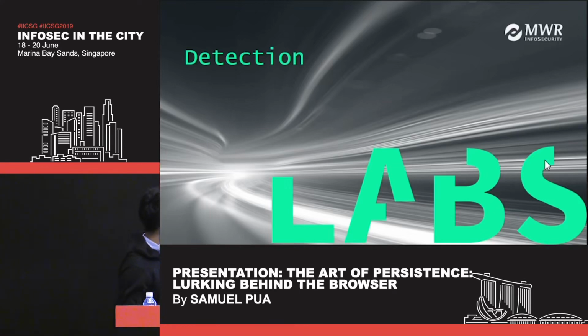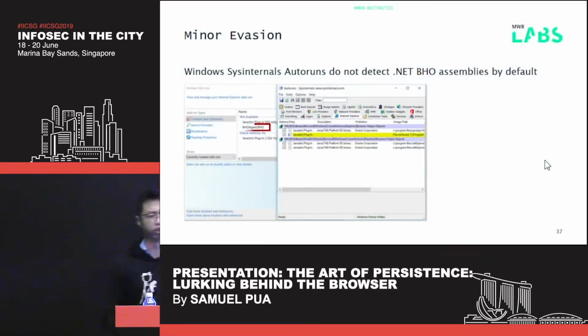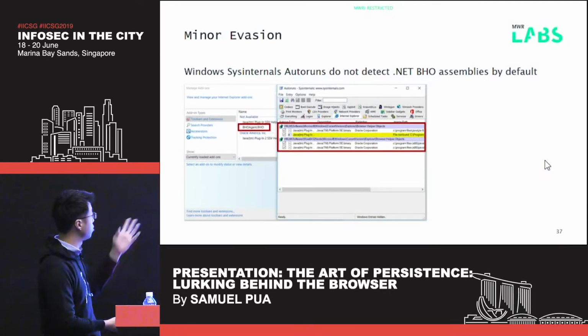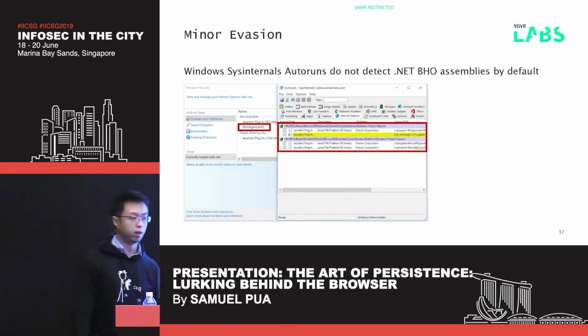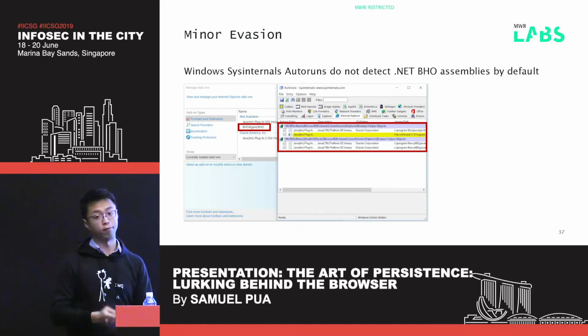So essentially, we have a detection component as well, to go through how we may detect a potential malicious BHO. All right, just a small evasion that we found as we played around: Sysinternals Autoruns, which a lot of IR people would use as a first tool to identify persistence mechanisms, does not detect .NET BHO assemblies by default.